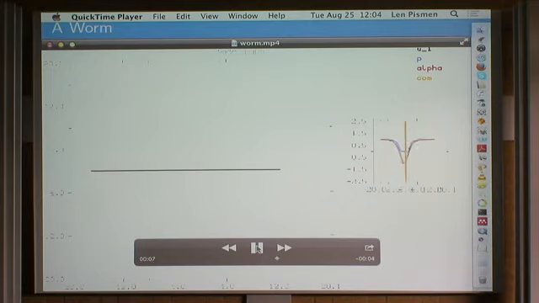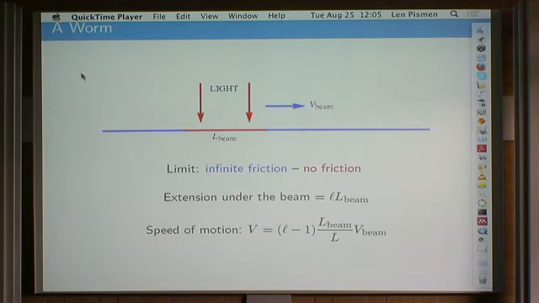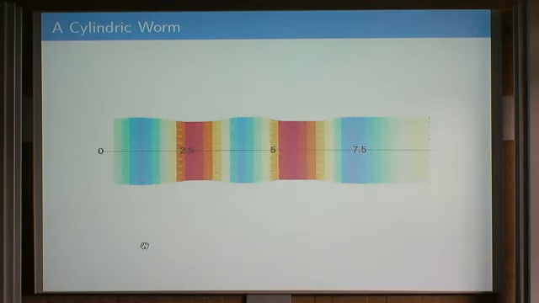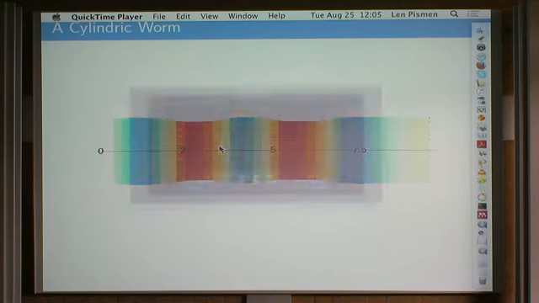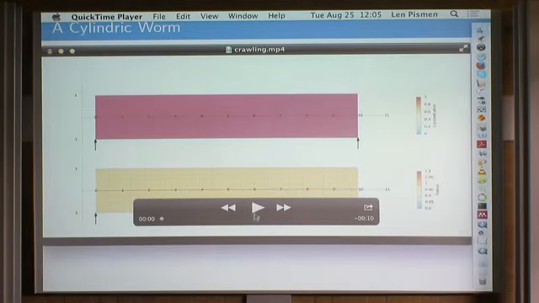This is how it goes. Here we see different velocities, with different friction coefficients, but not 0 and 1. There is a similar thing for how it moves when it is a cylinder.